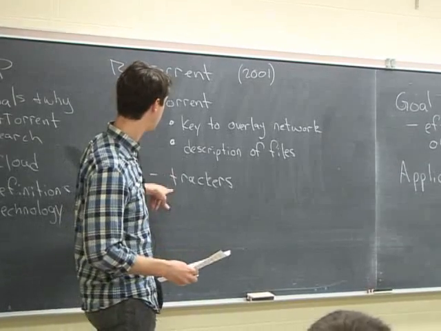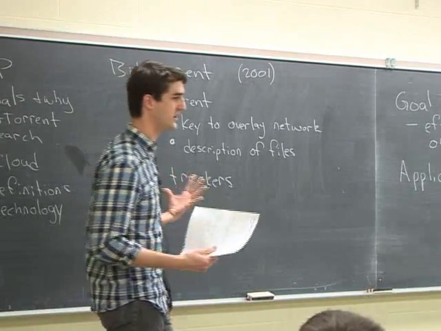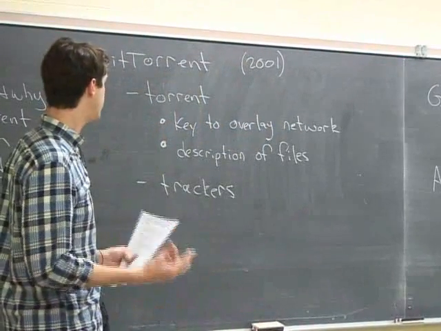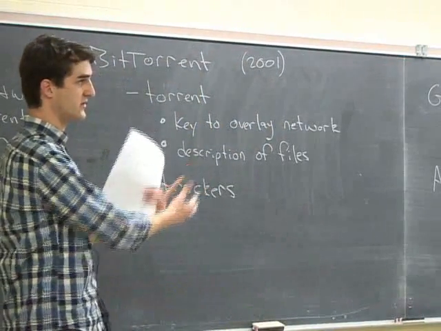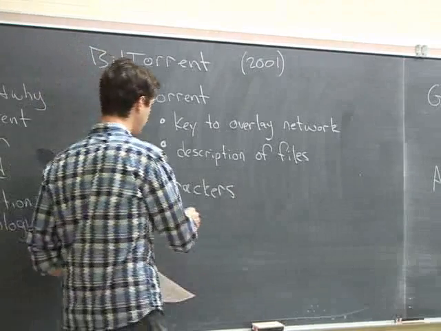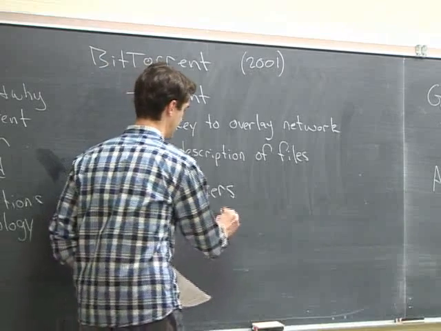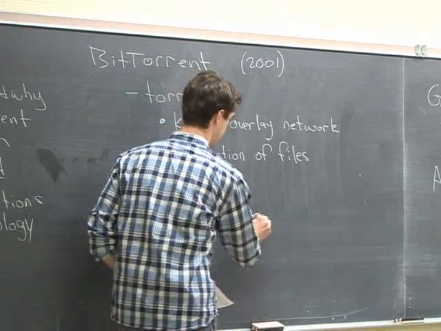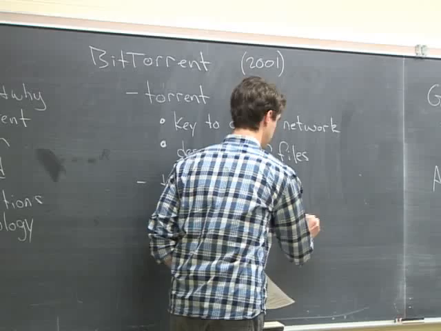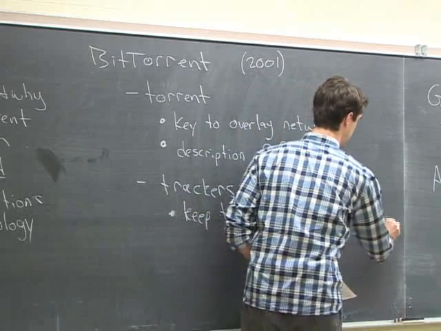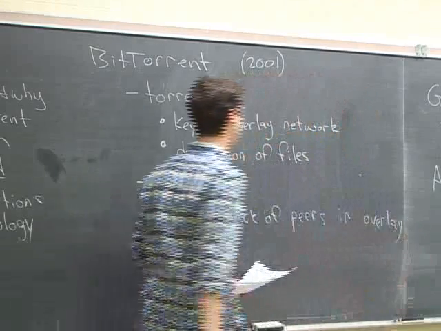All right, so a tracker is a centralized node that keeps track of all the peers in this overlay network that we've talked about, okay?